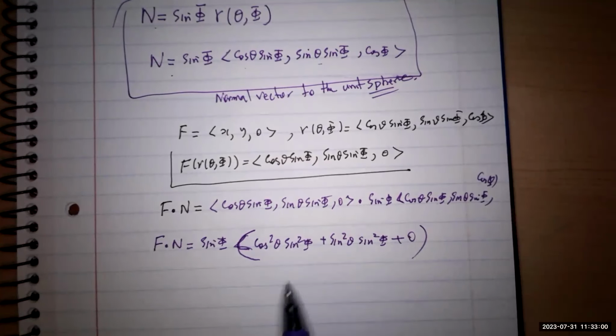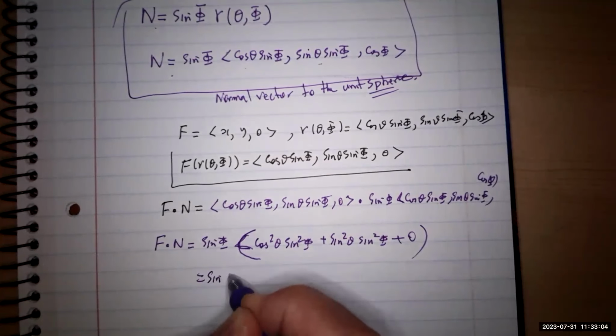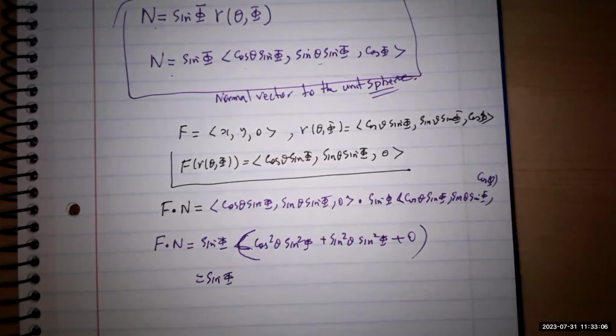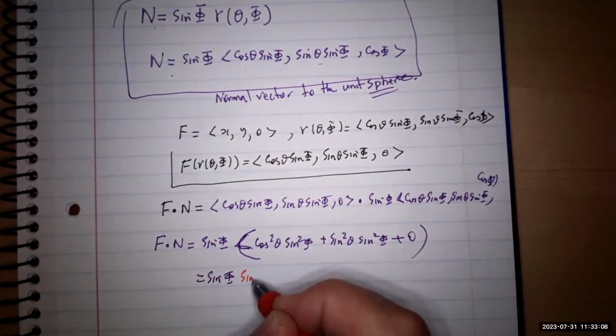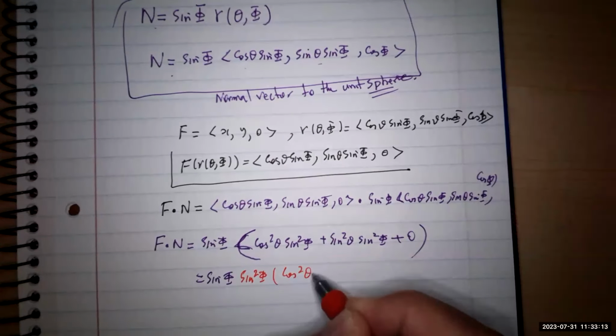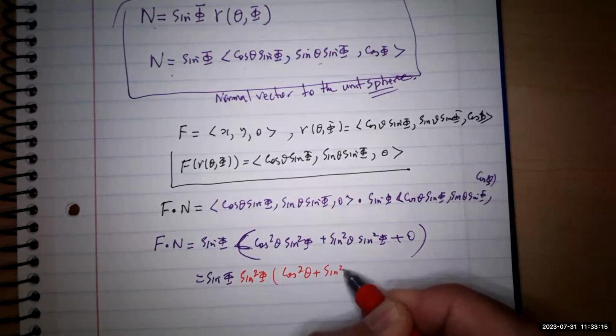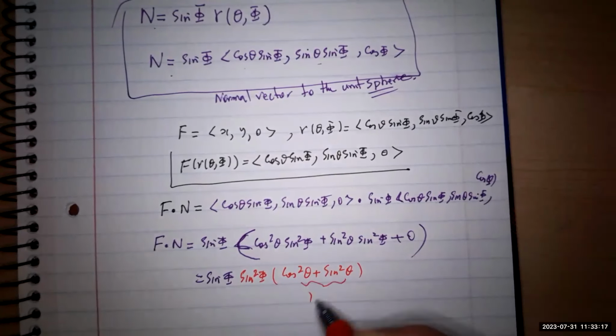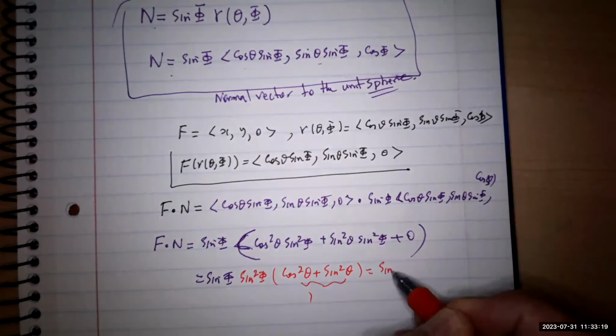You factor out the sine square phi. So the leftover is going to be cosine square theta plus sine square theta. This is 1. So your function is going to be sine cubed phi.